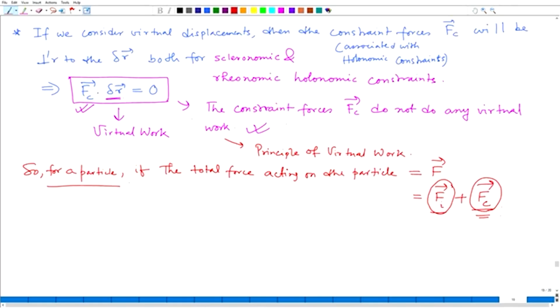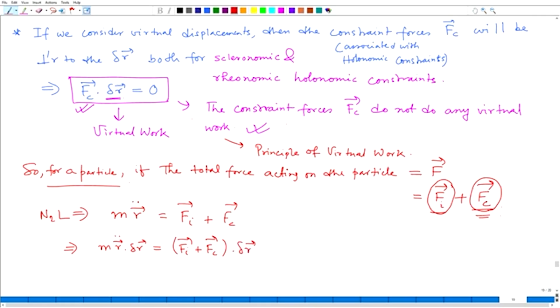If I write this, Newton's second law says m r double dot will be equal to F I plus F C, and then I can do a contraction with virtual displacements on both sides, F I plus F C dot delta R.